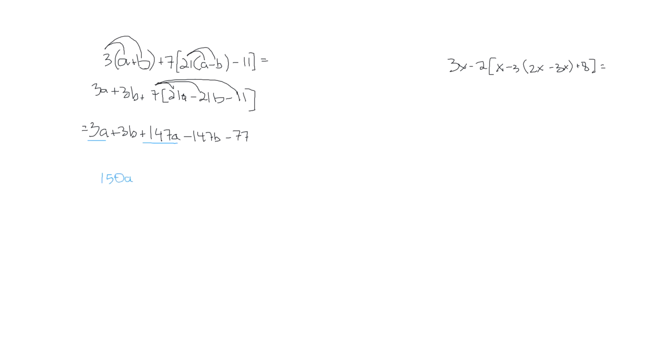With the B's, I have 3B minus 147B. That's minus 144B. And the number, just my constant, I have minus 77.